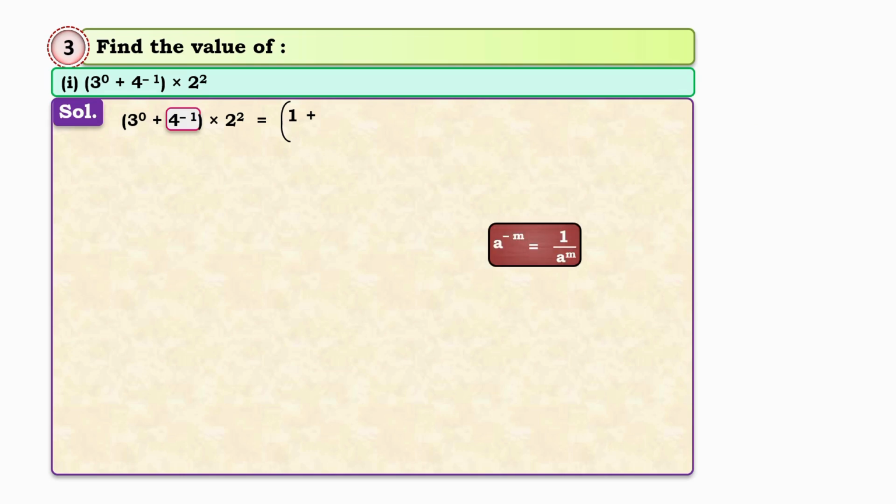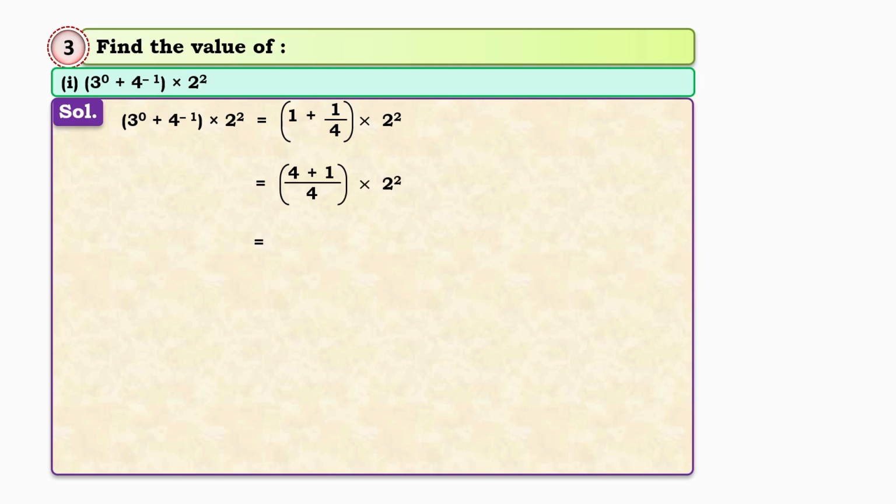And 4 to the power minus 1 means 1 by 4 to the power 1 according to this law. Now simplify the steps within the bracket first. You have to do the LCM. So the final answer we got is 5.